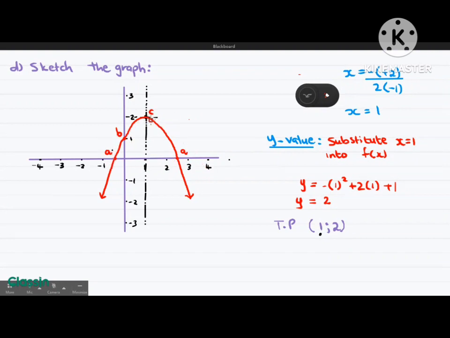So you go and check the answer for question C, which was the turning point: 1 and 2. Then for B, it was 0 and 1. For A, we had negative 0,4 and 0.